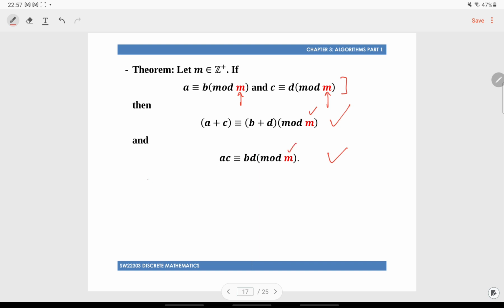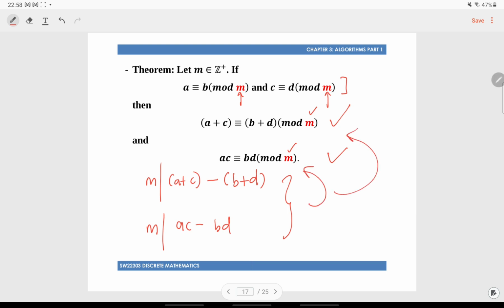That means m divides a plus c minus b plus d, and m also divides ac minus bd. This comes from the definition, because these two relations hold, so the following are true as well.